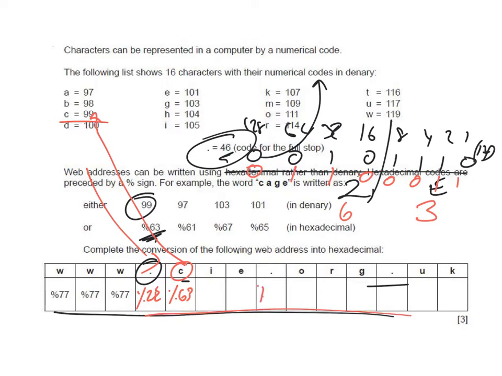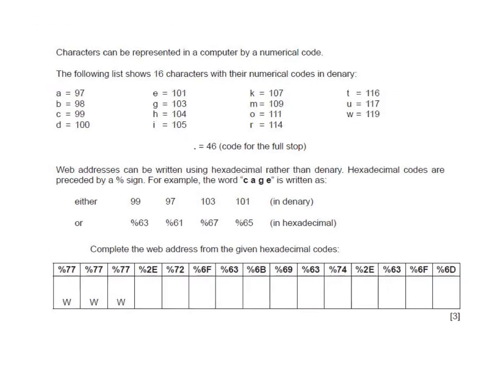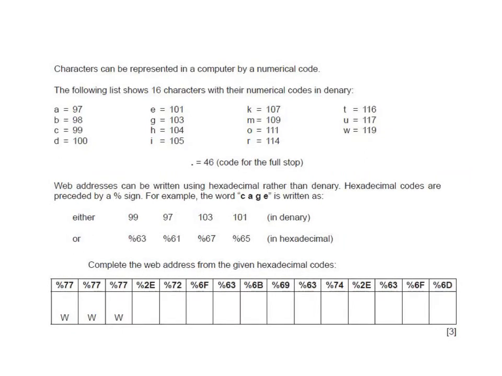Obviously we don't have to recalculate the dots anymore because we already did those. So we can just write those in exactly as they are. But that is just a hex question written slightly differently. And you can see there the same idea again, the same question, ever so slightly different, that it's doing the opposite, it's got 0 to E, so you have to figure out what that is.